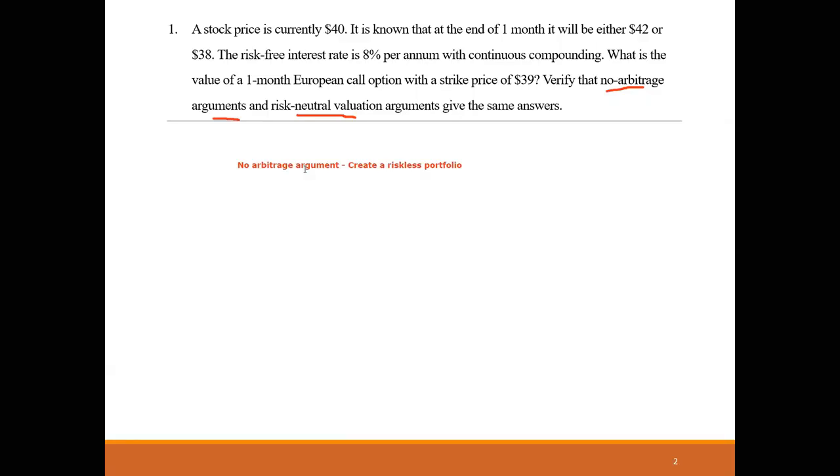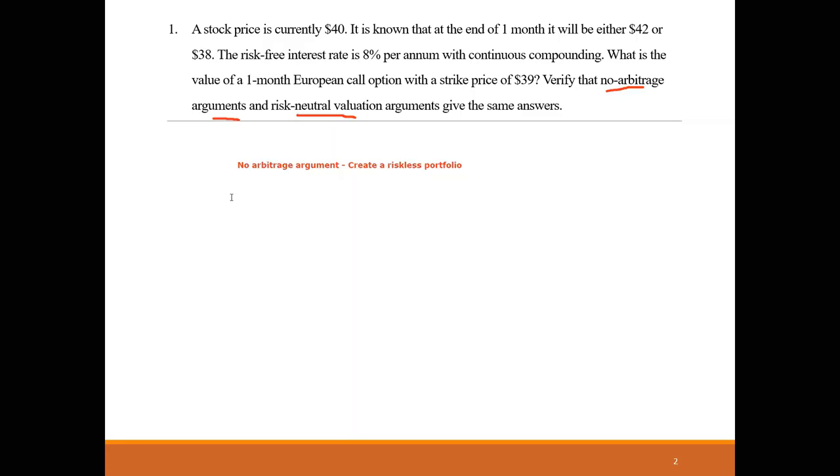So under the no arbitrage argument, we create a riskless portfolio and say that the expected return on this portfolio would be the risk-free rate of return when there are no arbitrage opportunities. Using that argument, we find out what the price of the option should be today.